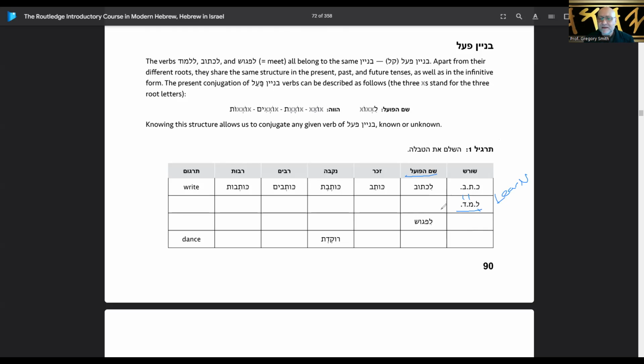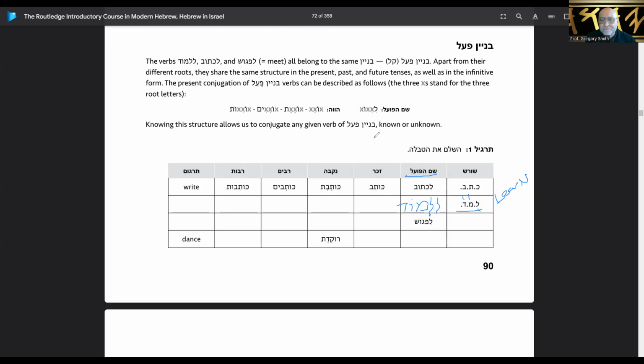And I think it's going to be lilmod. Yeah. ללמוד. Okay, and it's going to be a lamed, and a mem, a holem, and a dalet. Okay, so lilmod. So that's the Shem HaPoal. That's the name of the verb.